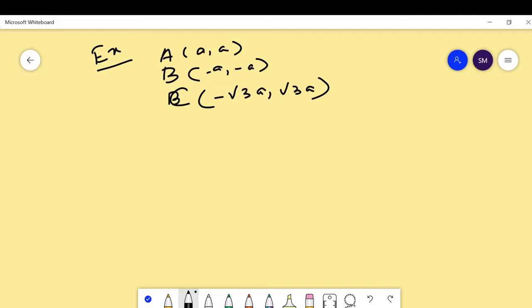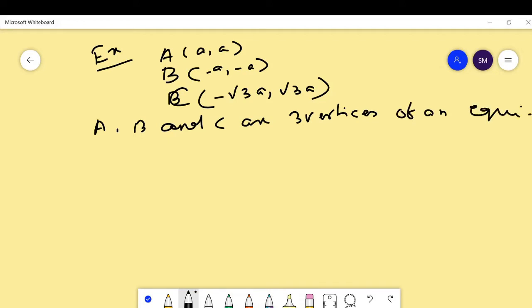Then we have to prove that A, B and C are three vertices of an equilateral triangle, and also find out the area of the triangle.